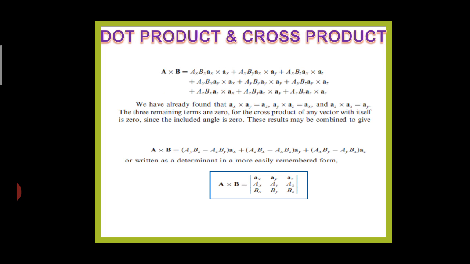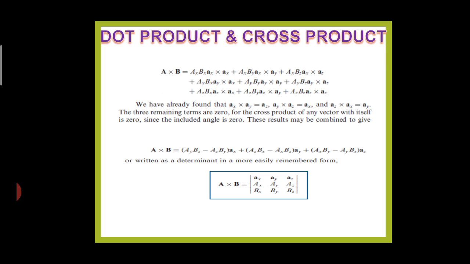So these results may be combined to give a cross b equal to (ay bz minus az by) ax plus (az bx minus ax bz) ay plus (ax by minus ay bx) az.